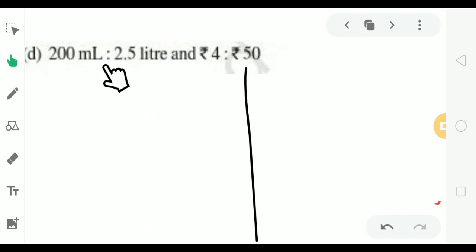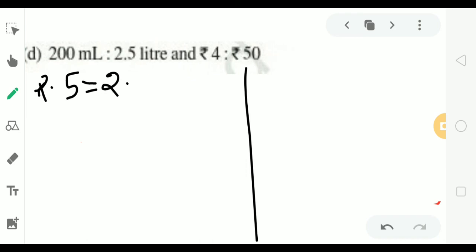200 milliliter is to 2.5 liter and 4 rupees is to 50 rupees. Here also in the first ratio we find that the units are not the same. We have to change the units to be the same. So for that, 2.5 liter we will change into milliliter.